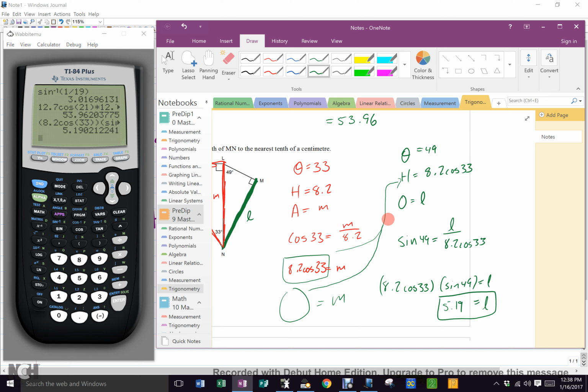Will doing it my way garner you any extra accolades? No. Will it help you further down the road? Yes, because your future teachers and professors are going to write it this way and probably not even bother finding what L is. They will probably leave it like that. Okay?